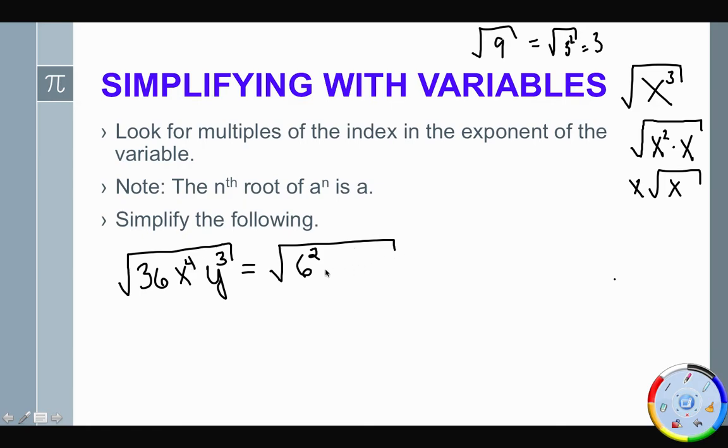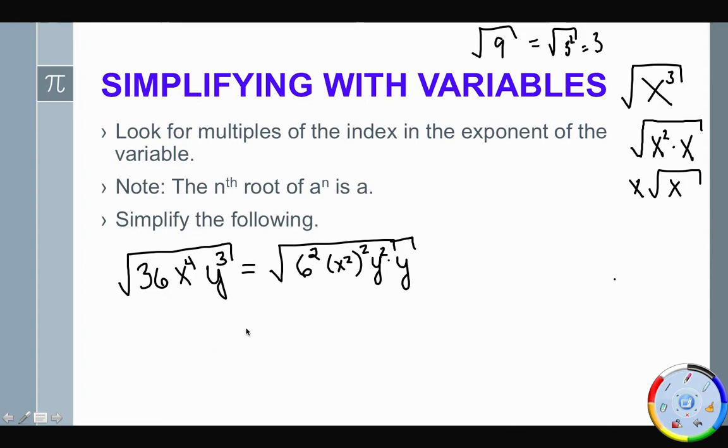X to the fourth can be written as x squared, squared. Remember, we're looking for a square. It just so happens that this is x squared squared. When you have an exponent to an exponent, you're going to multiply the exponents together. Then we have a y squared and a y, just as we did in the previous example.